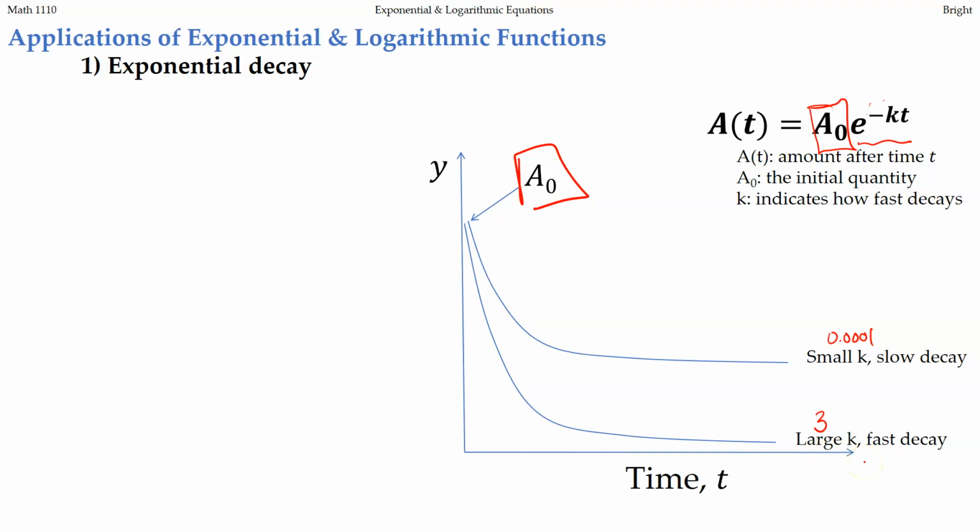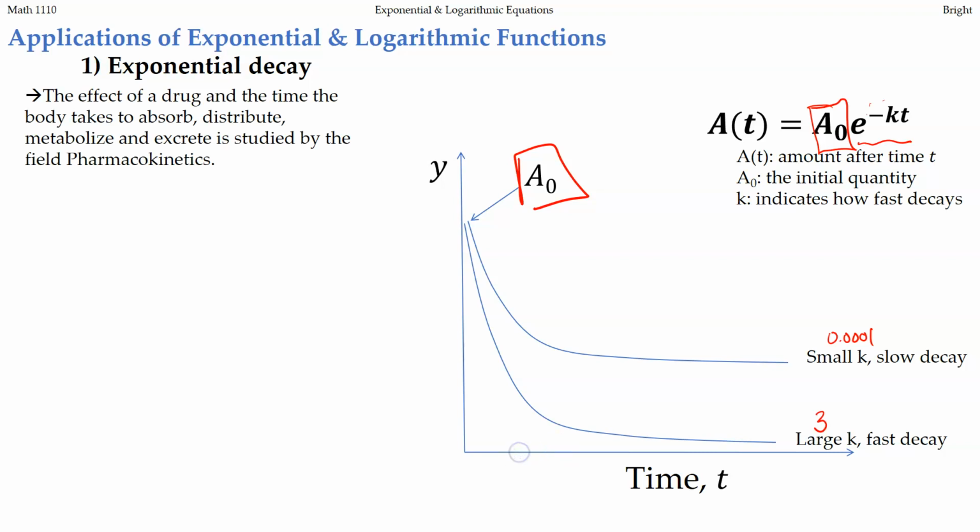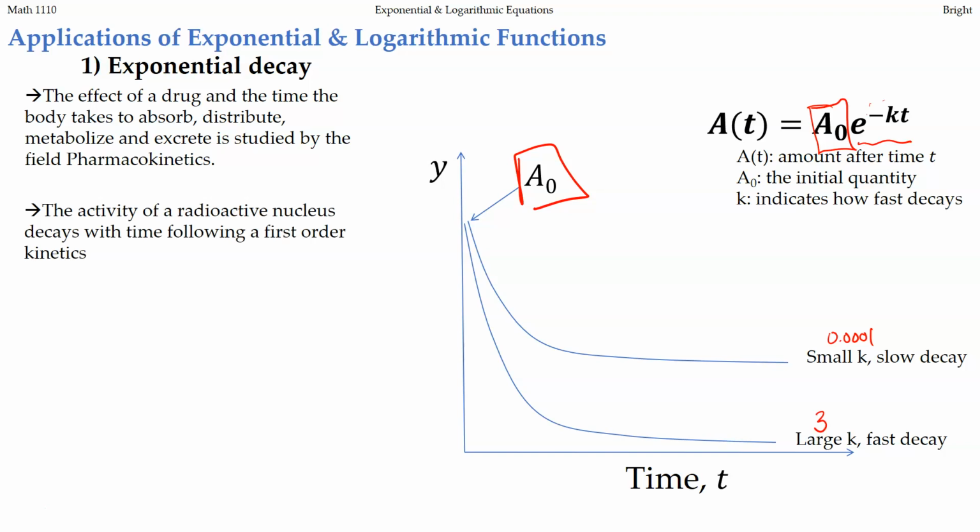Some scenarios that you might encounter with this sort of exponential decay are drug absorption. You apply an initial dose, it's going to absorb quickly, and then there's going to be a little bit left over time. Radioactivity with compounds, like uranium, plutonium, all those things are radioactive.